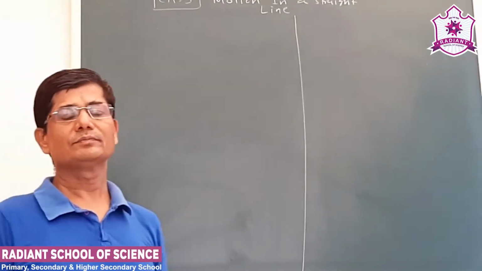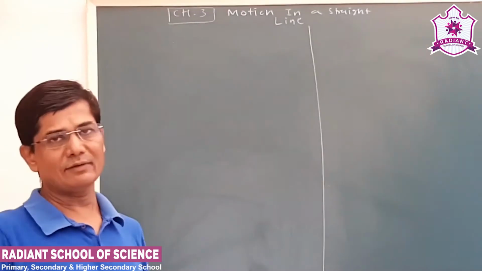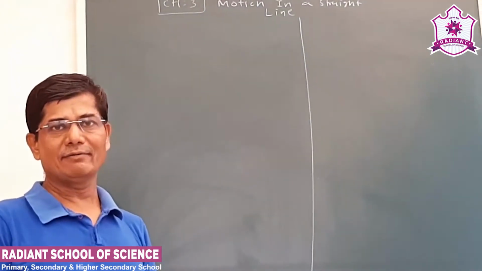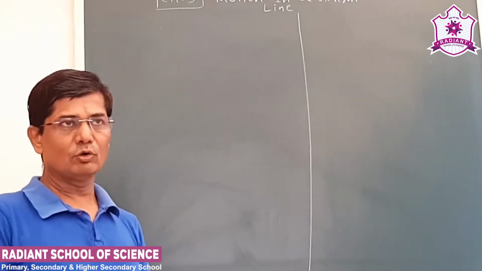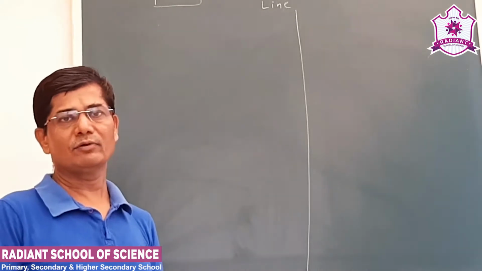Now dear students, last time we discussed the velocity versus time graph. We also derived the kinematic equations of motion in one dimension with constant or uniform acceleration.